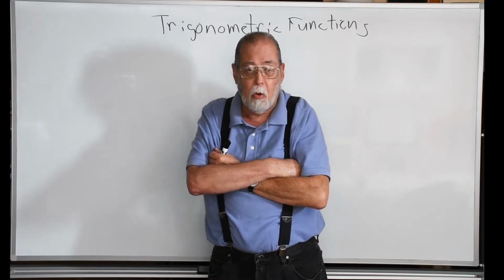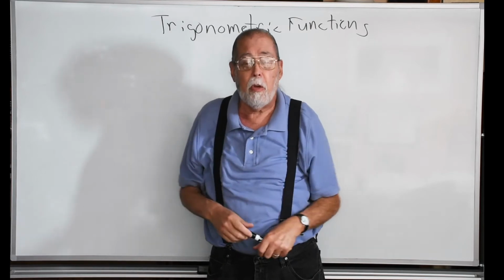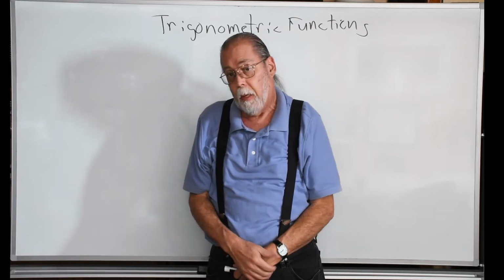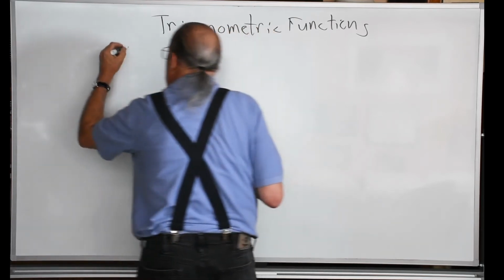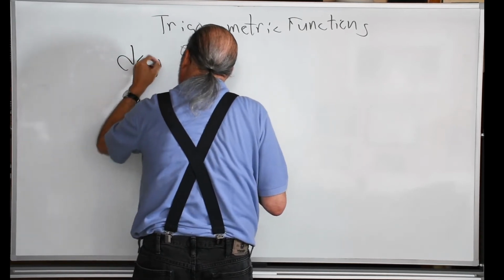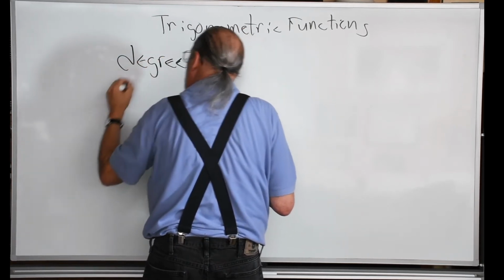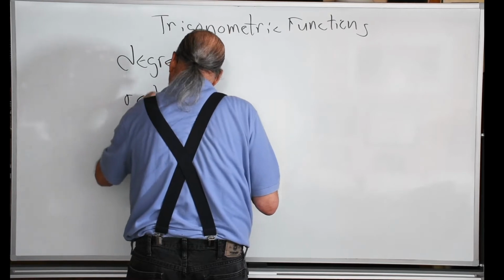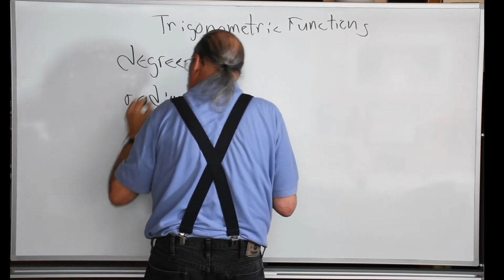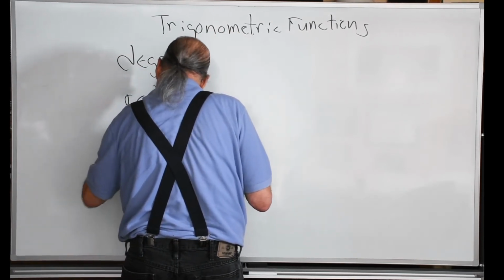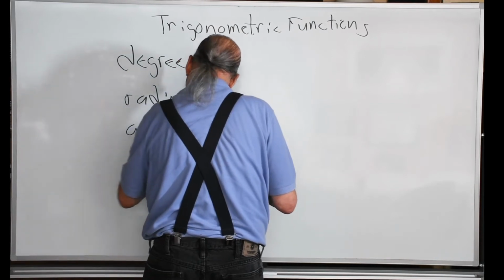There are degrees, of course, which we'll often use, but later on we might use radians. Especially when we get to rotation, we will use radians. And there are also what are called gradients.